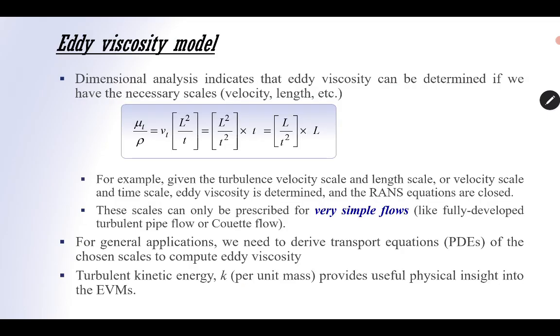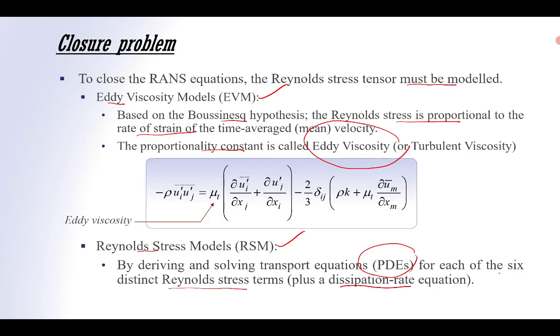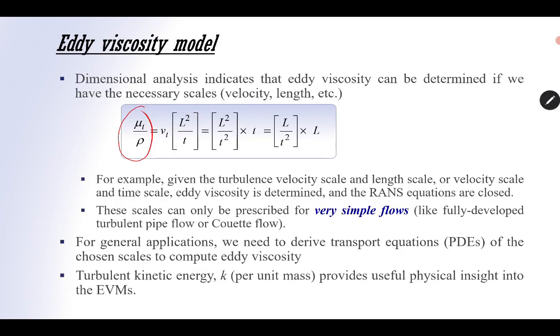So for the eddy viscosity model, we have the dimensional analysis, and at the end we have what we call the eddy viscosity, which is this one. And then I maybe move to the other one.